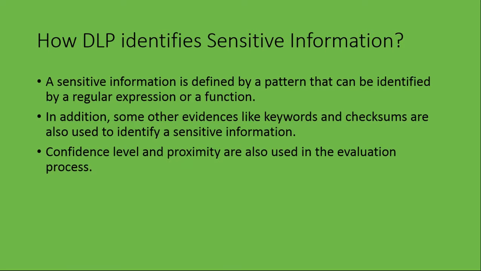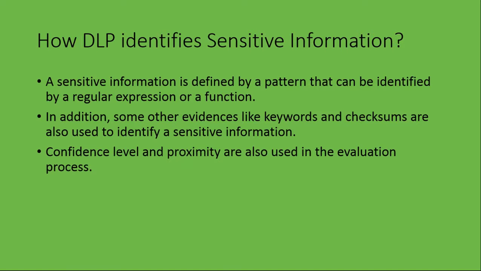Or if we only care about actual credit card numbers, we can say that only if you are 100% confident that this number is a credit card number, then tell me. We can specify any range in the confidence parameter of the query, and based on that confidence level, it will be reported to us as a sensitive document.